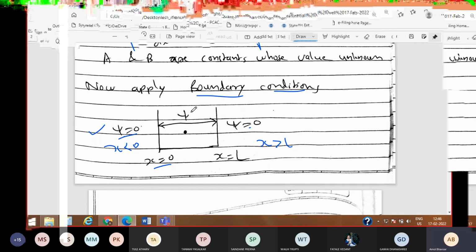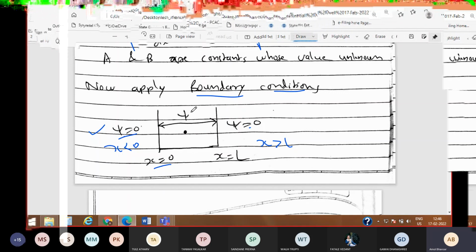So I got this equation, cos of 2n pi x, put the value l here. The value of x will first be l and then 0. So put this value, apply the limits l and 0 here.